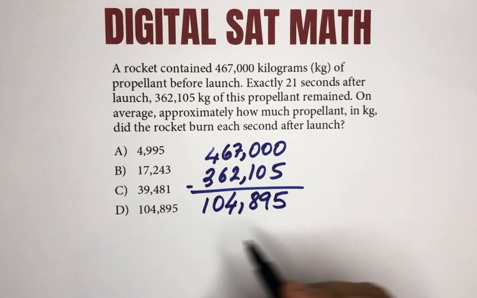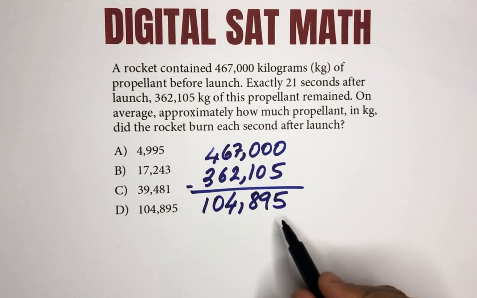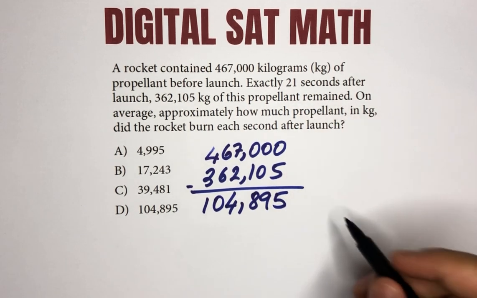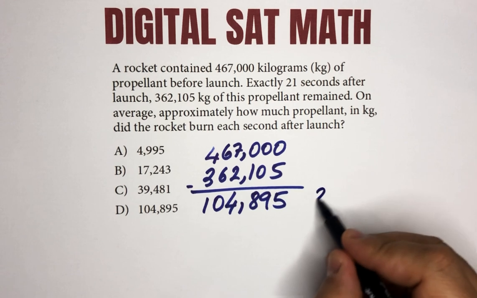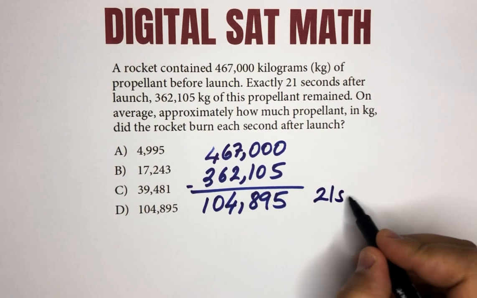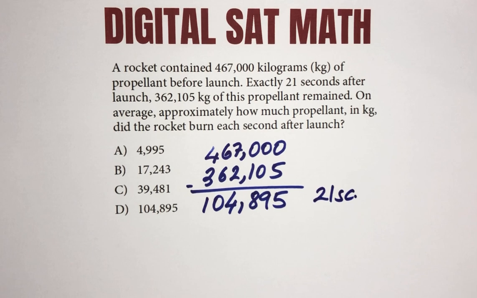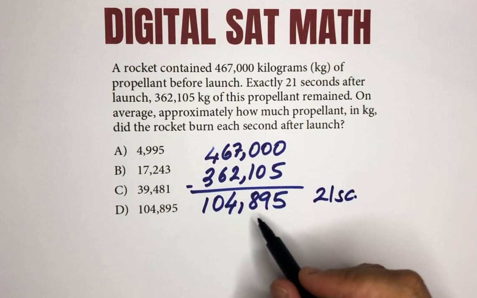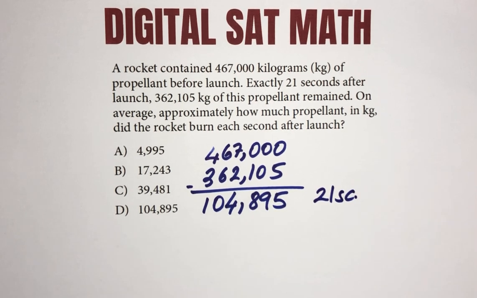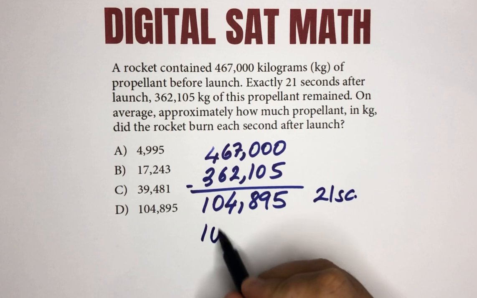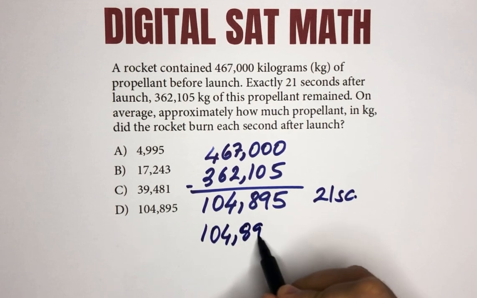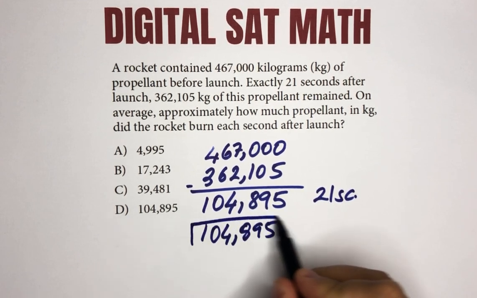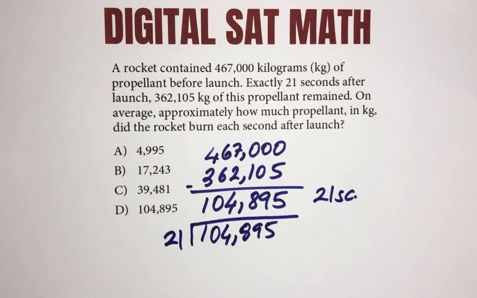But this is not the final answer, because this is the amount of propellant the rocket consumed during 21 seconds. To find how much the rocket burned on average in 1 second, you will need to divide 104,895 by 21.